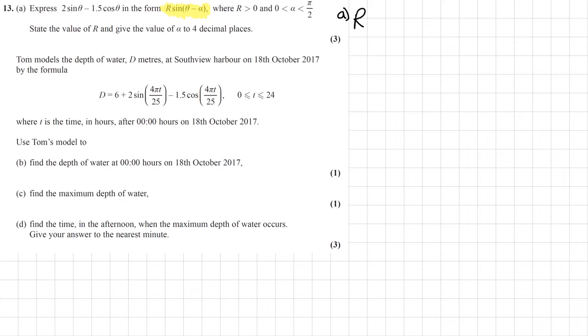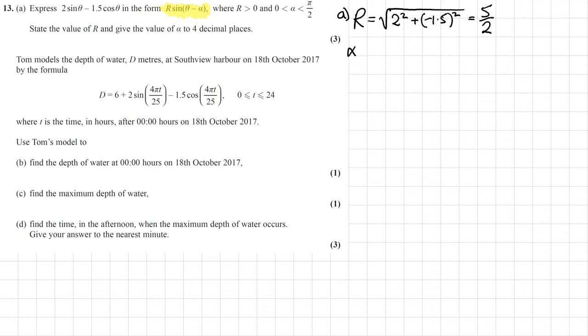So first of all, r is basically just equal to the square root of the two numbers squared, so you just do Pythagoras on the two numbers, 2 and negative 1.5, and we want to give the exact answer. So we're looking at the square root of 2 squared plus negative 1.5 squared, and that gives me 5 over 2, so I'll give that exactly as 5 over 2.